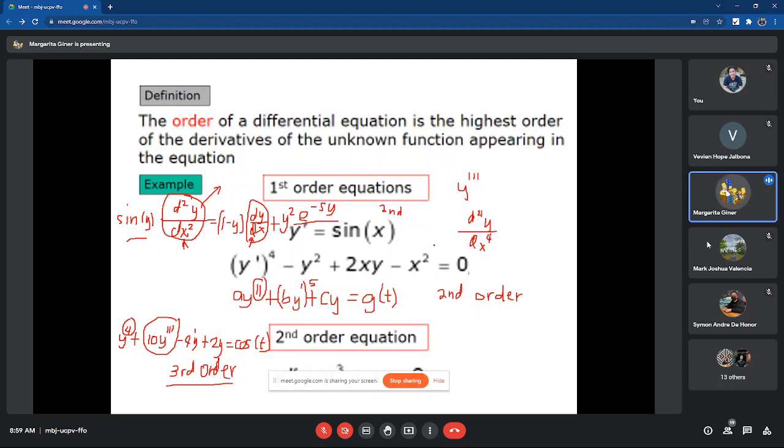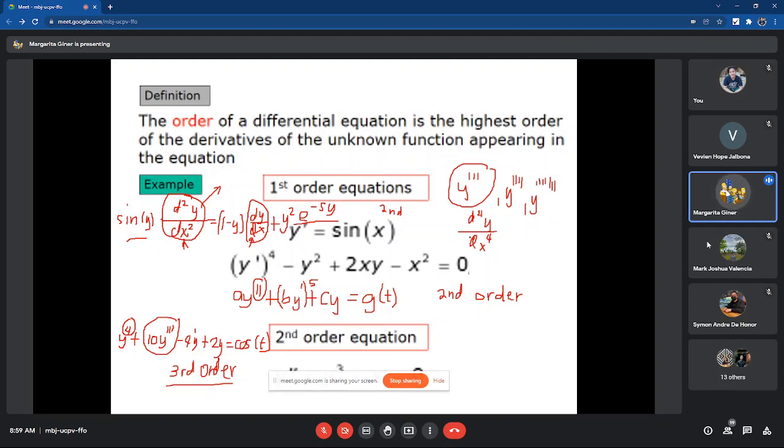You need to say fourth order. But if you are used to using primes, when it goes beyond three, you would have four primes. Di ba? Or y, just a lot of primes. Damo gid ang imo nga derivative.